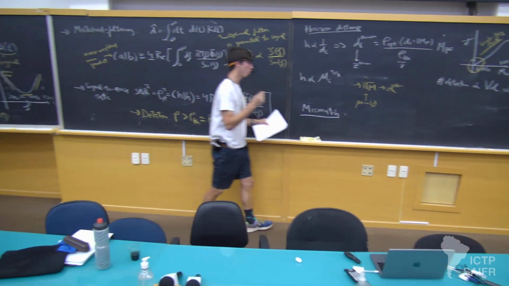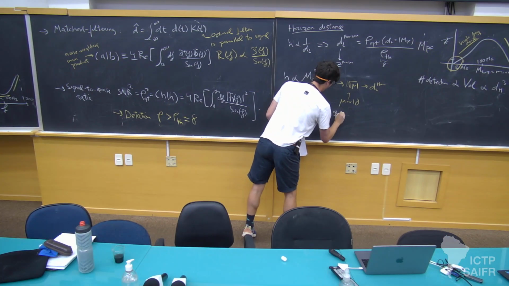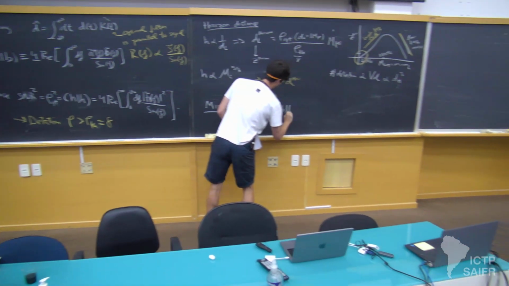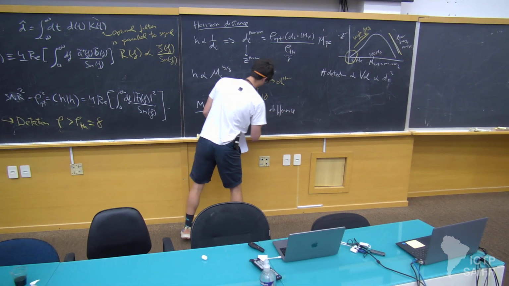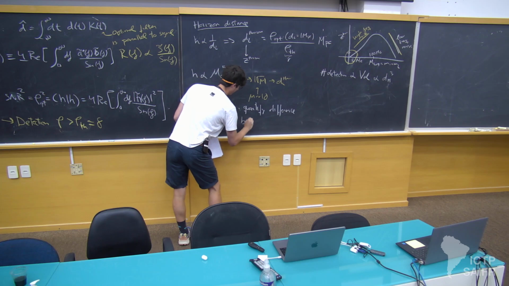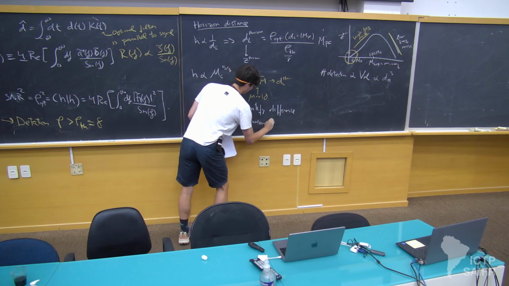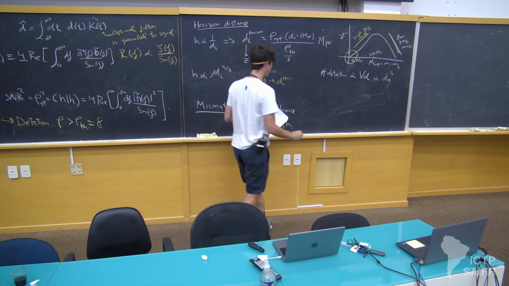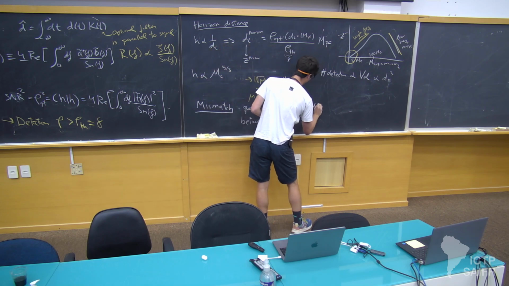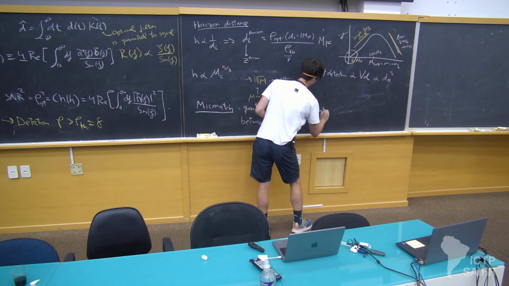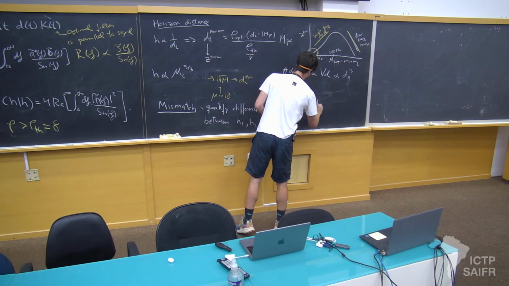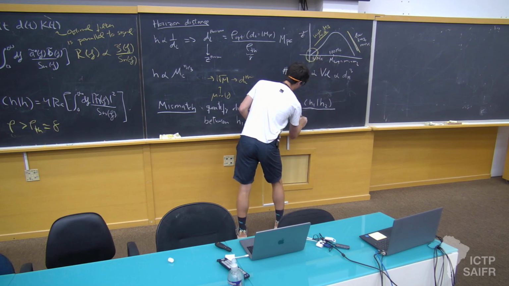So if I want to quantify the difference between two waveforms, h1 and h2, I can create a statistic, which is the match, which is simply the normalized inner product of both of them.